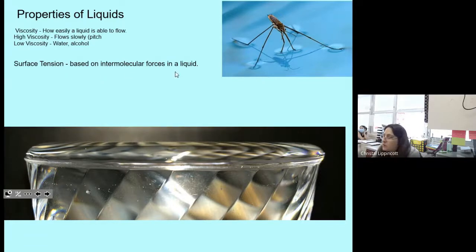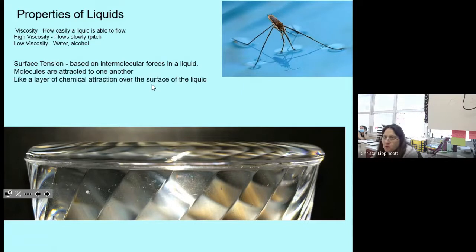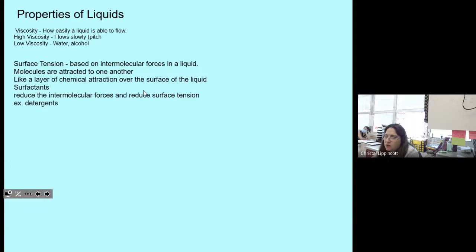And that also relates to boiling. Okay? As they're reducing those IMFs, that gas has to break through the surface. So the stronger the surface tension, the stronger the IMFs, the harder it is for something to boil. So those molecules are attracted to each other. It's like a layer of that chemical attraction over the surface of the liquid, but we can reduce it.